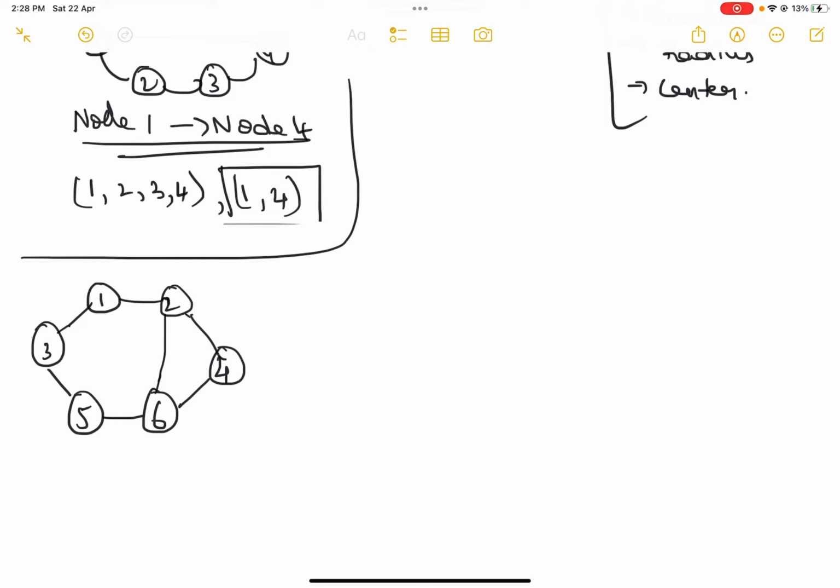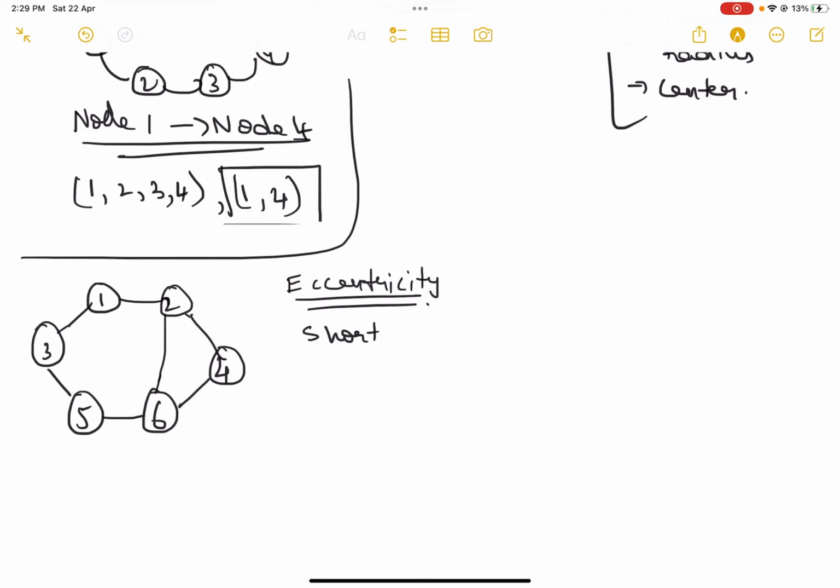So let us calculate the eccentricities for the nodes here. First we have to calculate the shortest distance matrix.